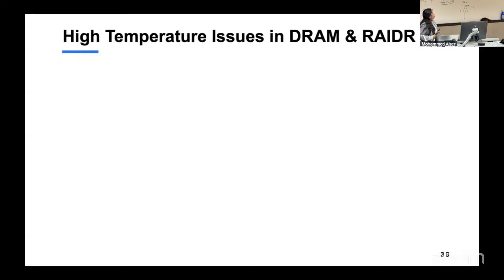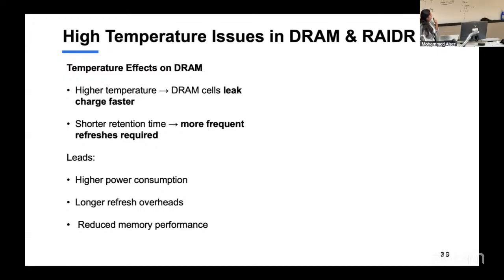And let's see, yeah, every mechanism will have disadvantages or cons. So let's see what issues we can face in the DRAM when using RAIDR. So these are the high temperature issues in the DRAM. Whenever there is a high temperature, the DRAM cells will shrink, and this will make the cells discharge faster, and it will also shorten the retention time because we have to refresh more frequently, right?